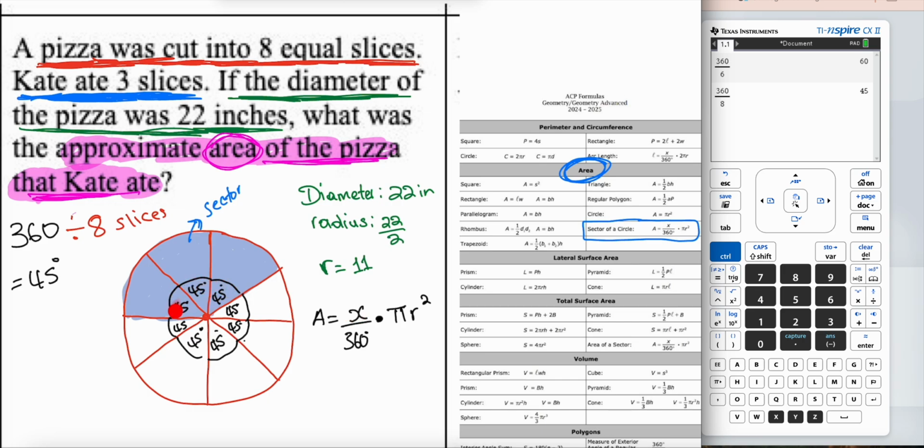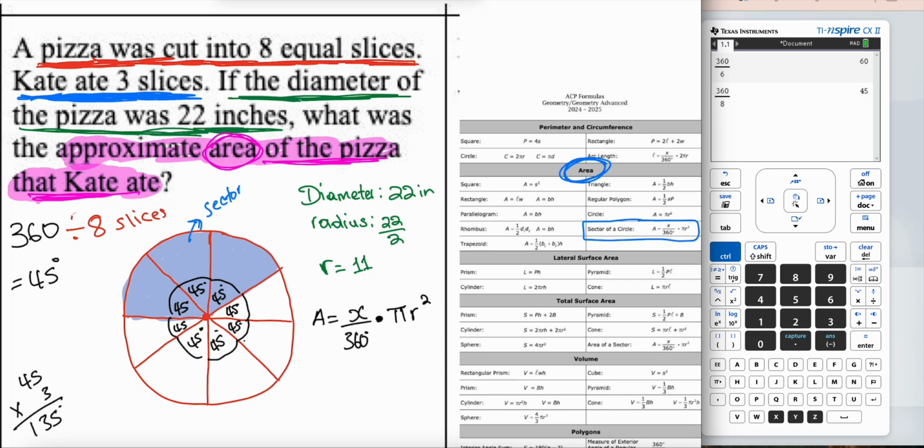Now, if you notice in the sector, we have 3 45s. So all of this angle that is inside the sector is going to be the 45 plus the 45 plus the 45. So we have 3 45s. So if we do the math, 45 times 3 is going to give us 135.